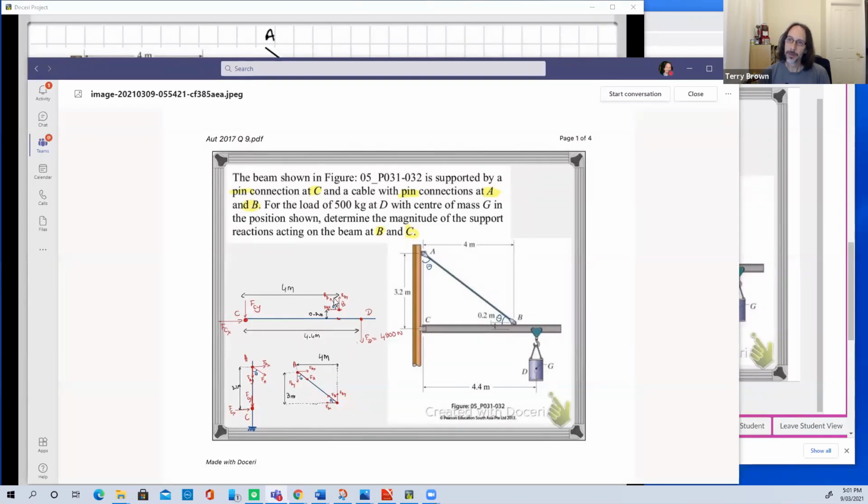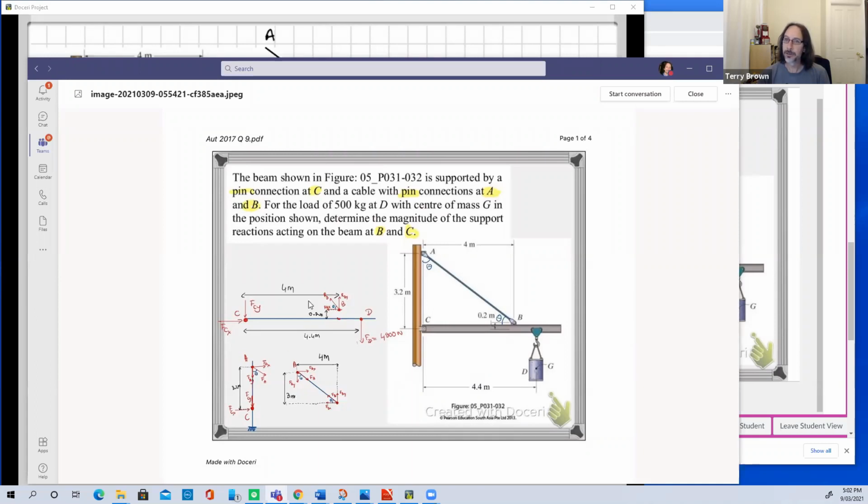Here we've got the forces that the cable is exerting on the beam, whereas down here we should be showing the forces that the beam exerts on the cable. So these 2 points are the same, so what we should be seeing from one to the other is equal and opposite forces.